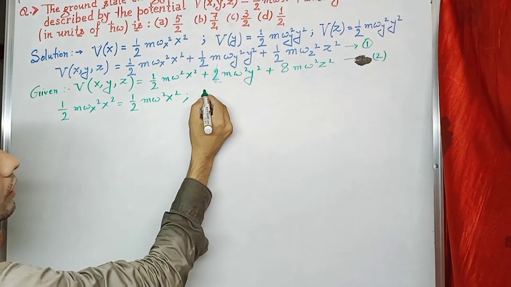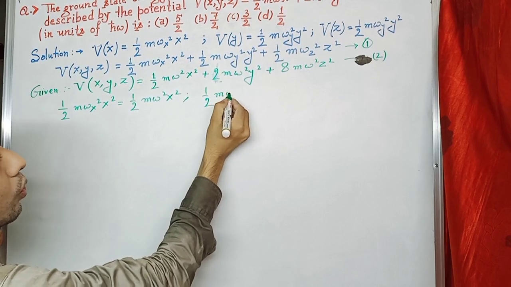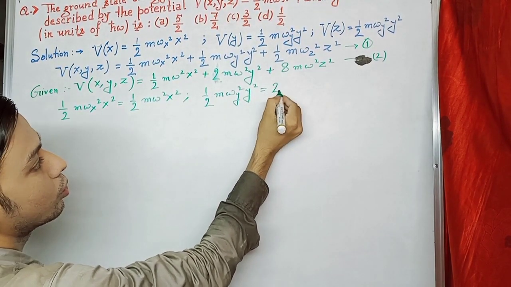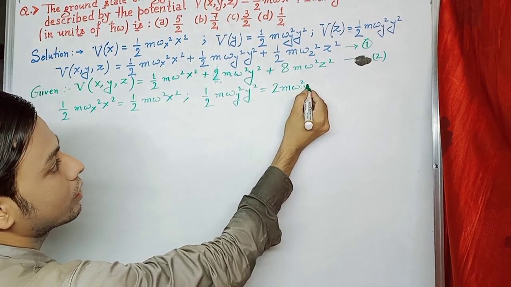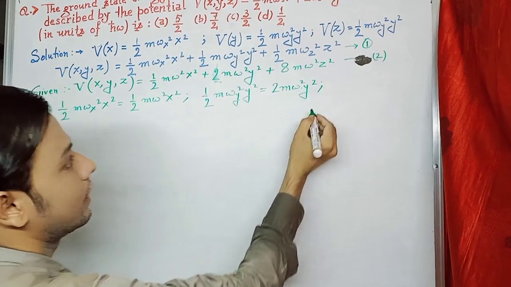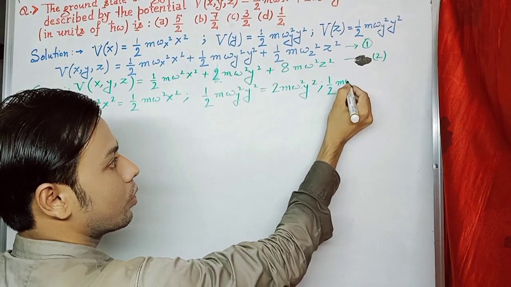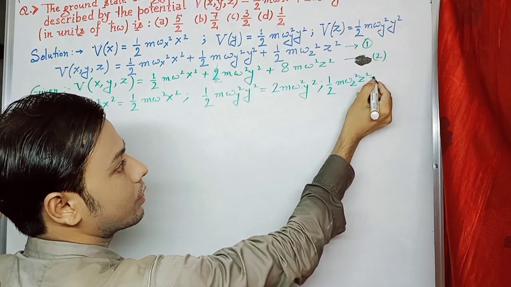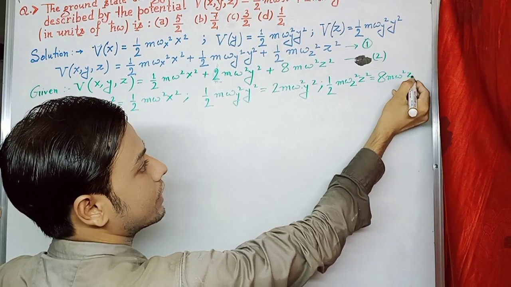Similarly, half m omega y square y square equal to 2 m omega square y square, and thirdly half m omega z square z square equal to 8 m omega square z square.